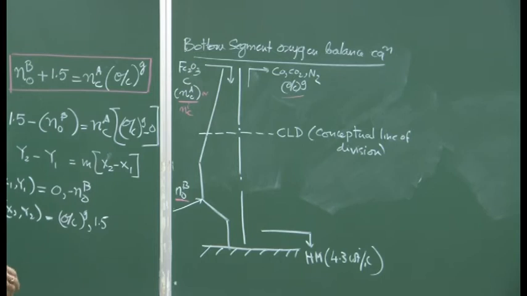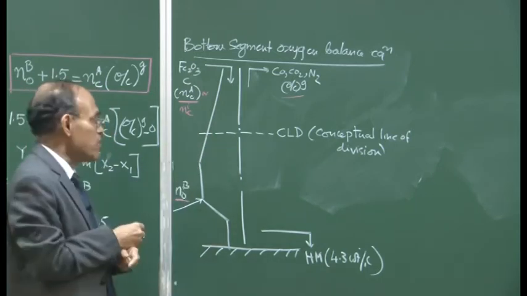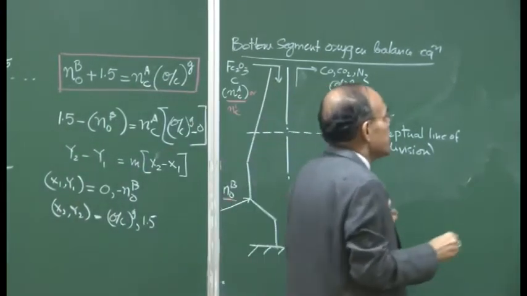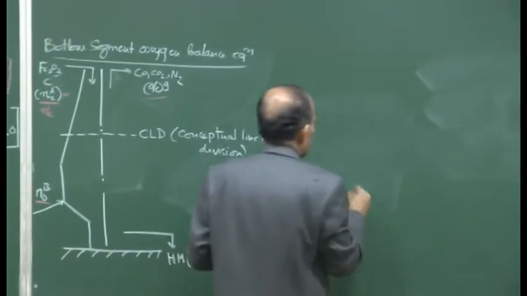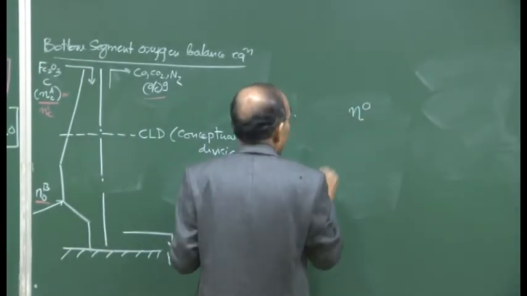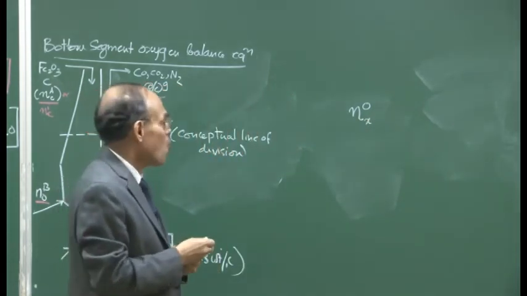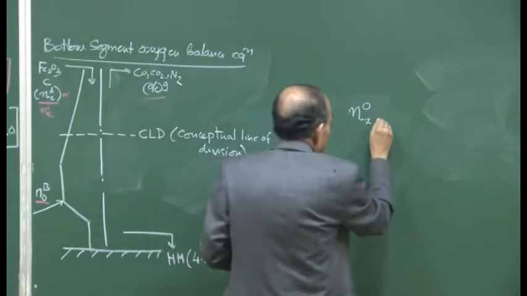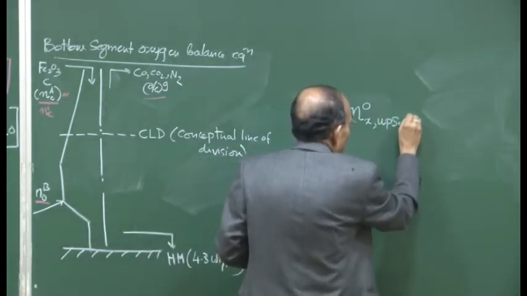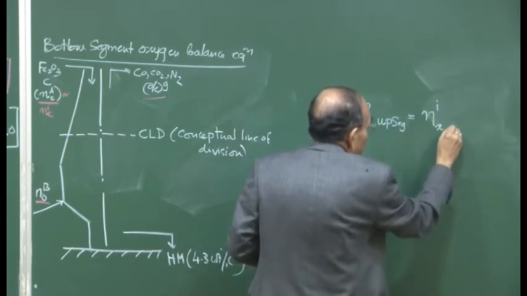We have divided the blast furnace into two parts. The moment we divide, and it is a steady state operation, we must understand that for any species X that we are doing material balance on, whether it is carbon, iron or oxygen, the output of X from the upper segment must be equal to the input of X into the lower segment.